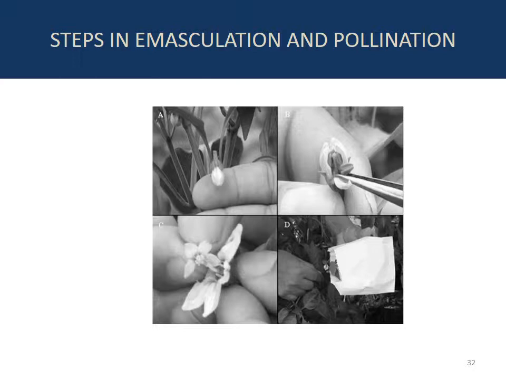After removing them, we expose the stigmatic portion and then cover it with a bag. The next day we pollinate, cover, and label with a suitable label containing all the information on parentage and date of pollination.